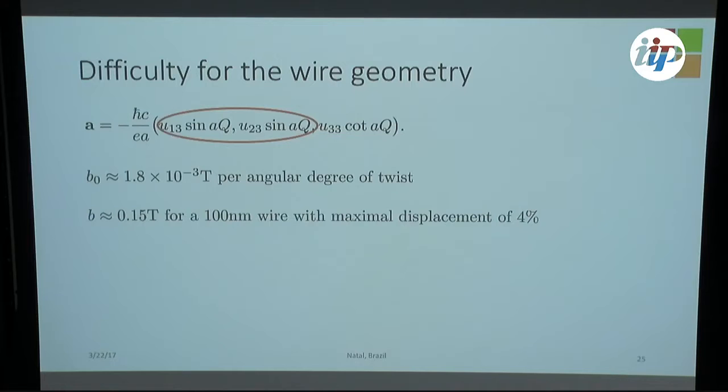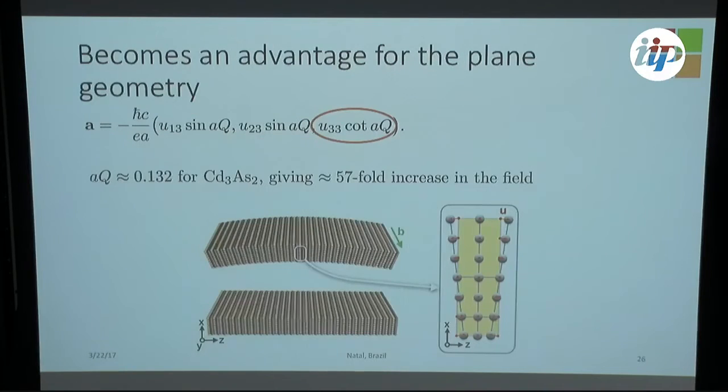However, we can go around this problem by noticing that this A_Q is small for the real cadmium arsenide material, and then we can use the other element of this projection, which turns out to be 57 times more responsive to the strain.